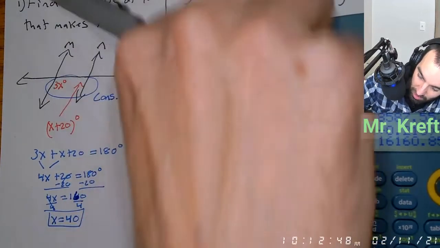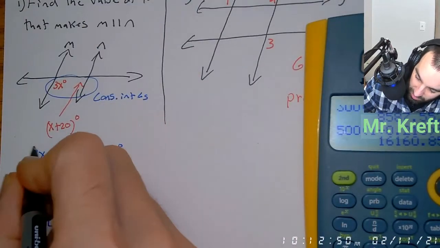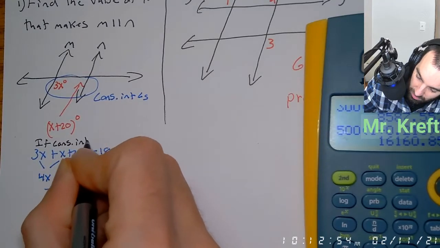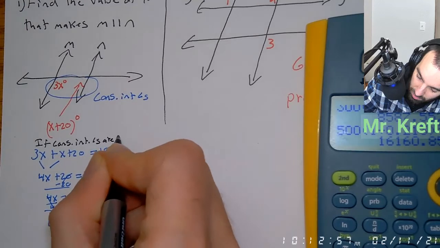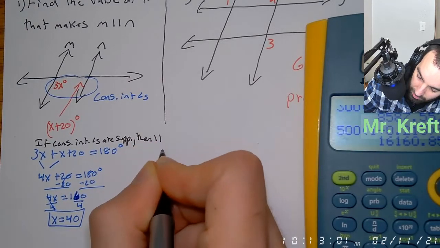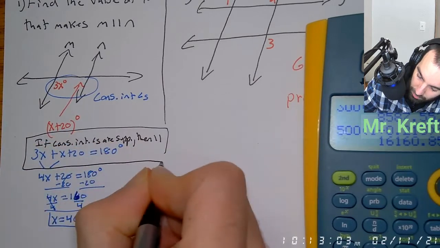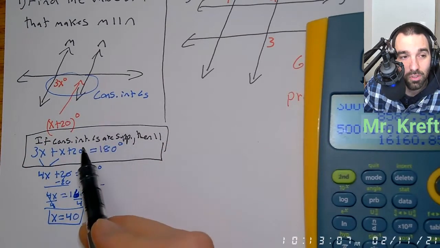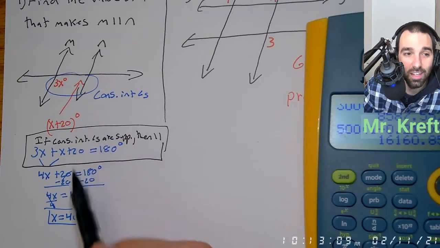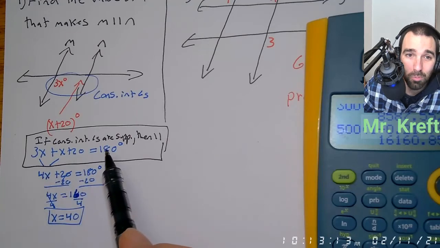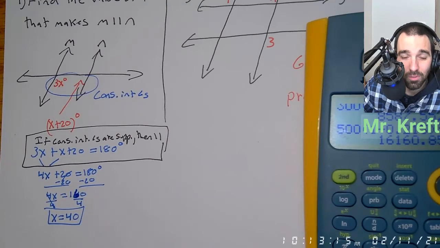The reason we did this, and we can have a reason here, is if consecutive interior angles are supplementary, then the lines are parallel. That was the basis for all of that. So we know that if consecutive interior angles are supplementary, then the lines have to be parallel. And if x is 40, then they are supplementary, and then they're parallel.